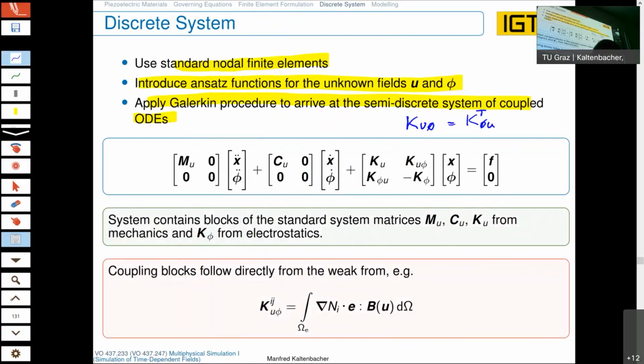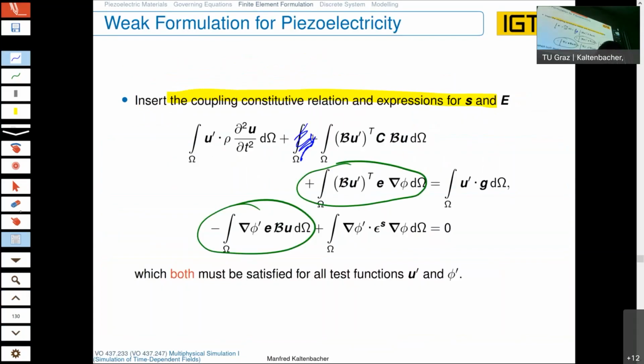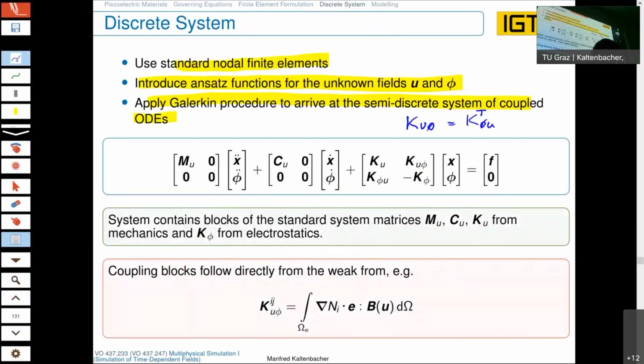And that is why we multiply this equation with -1, and then we have a minus for our classical term we have in electrostatics, and that gives us this minus we have here.